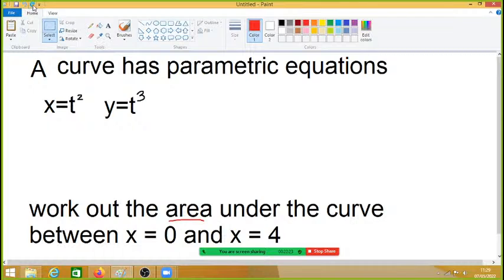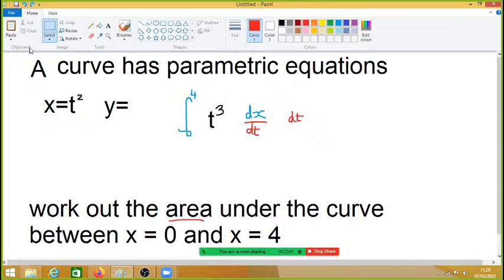So just remember, start off as normal, integrate y with respect to x, dx, do the little trick of dividing by t and timesing by t, and then take each bit and swap it for what you're given. So y can be swapped for the t cubed.